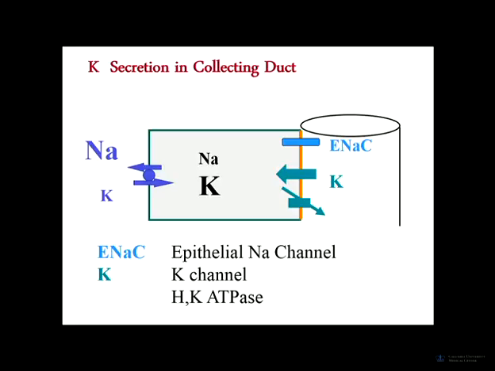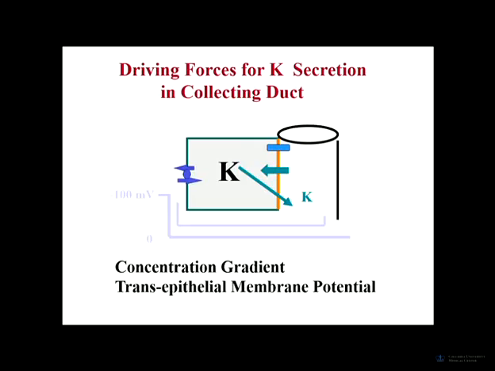Okay. So now we need to think about, how does potassium get excreted? We need to think of the driving forces for potassium secretion. The intracellular potassium is very high. By the time the urine comes to the collecting duct, most of the potassium has been reabsorbed, so the concentration in the urine is very low, certainly much lower than the intracellular concentration.